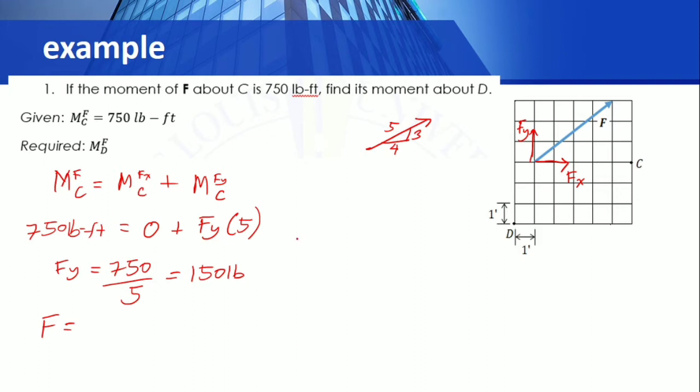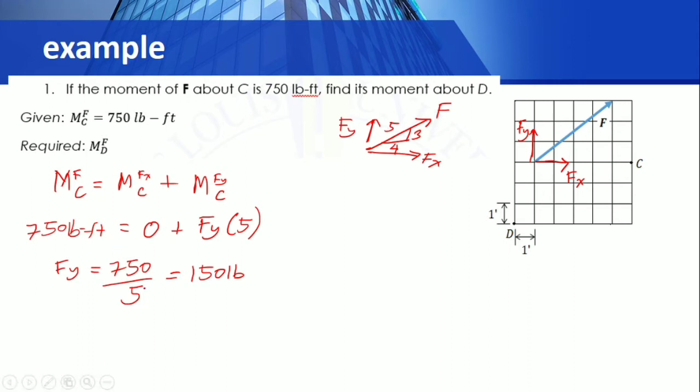So, para makuha natin yung force F, Fy yung gamit natin. So, that will be Fy yung gamit natin, di ba? Fy, dito yung f of x. So, Fy yung gamit natin. So, i-multiply natin siya ng 3 over 5. Okay? So, makukuha na natin yung force F natin.